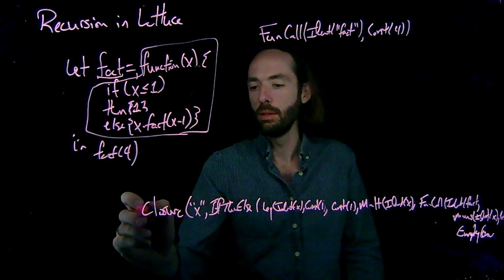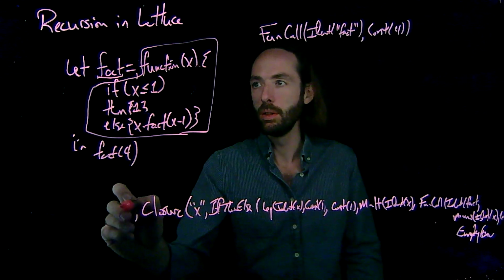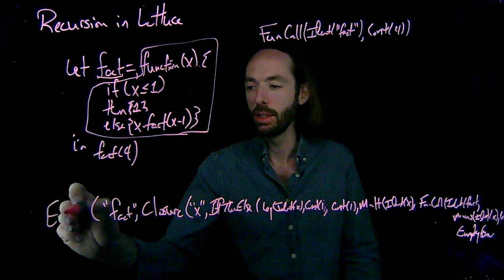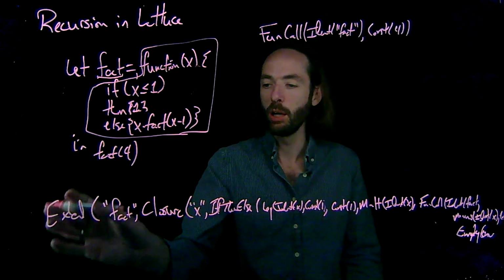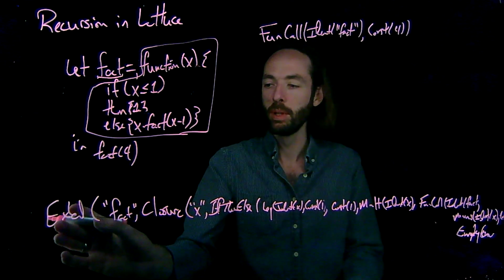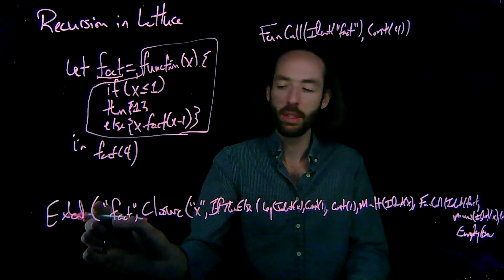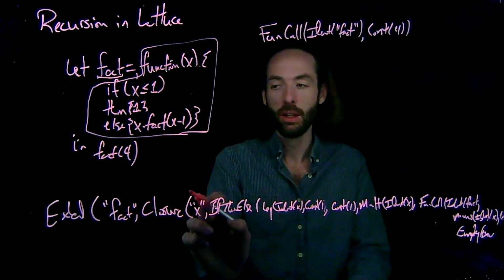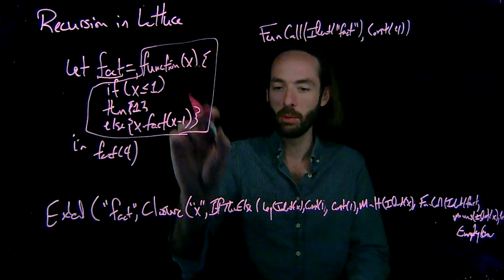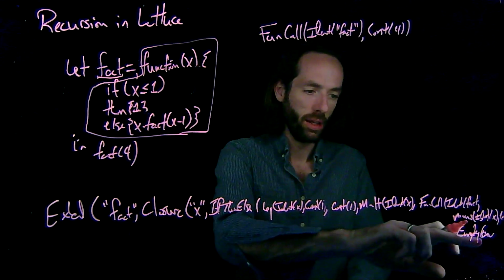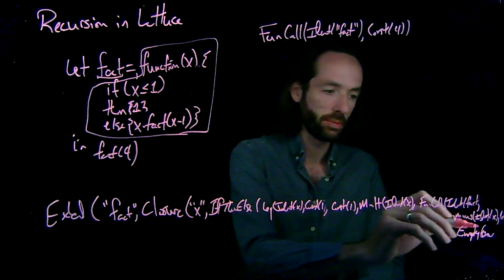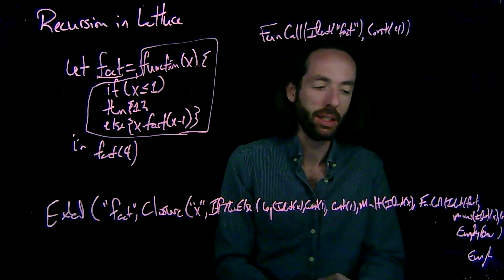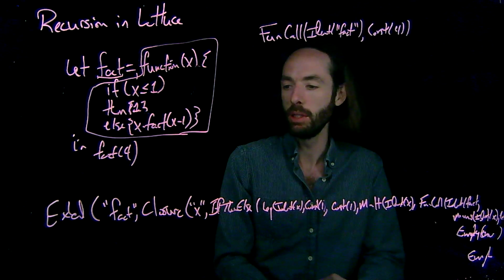Oh yeah, and we're going to bind this to fact in our environment. This is an extends. So we're going to extend an empty environment with fact, whose value is this closure, which is basically the parameter value, the body, and then the empty environment. On the inside, there's another empty environment here, at the end of the extend statement.